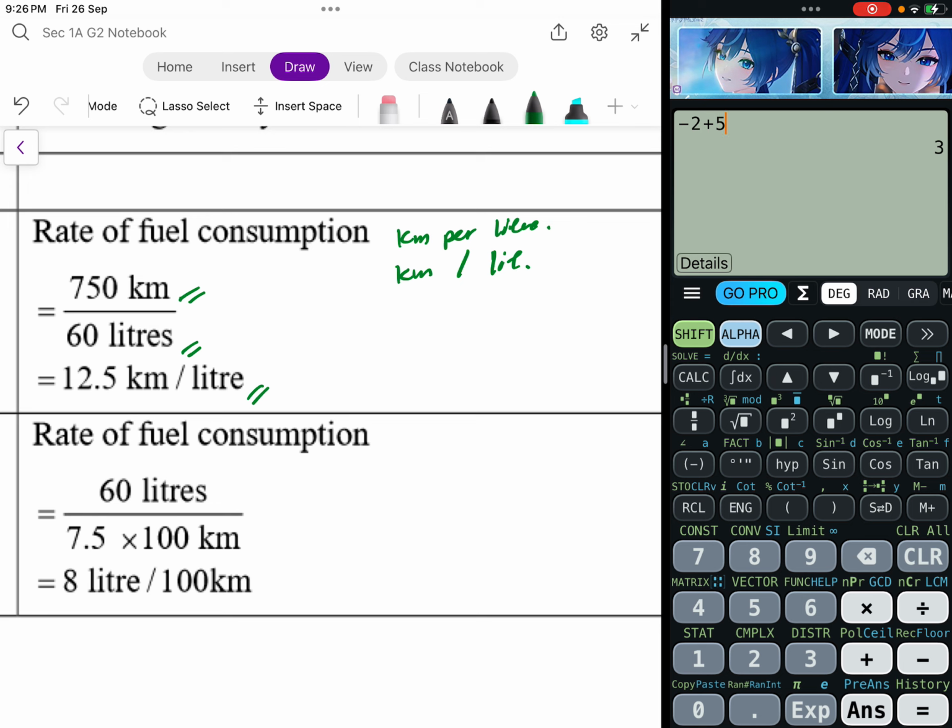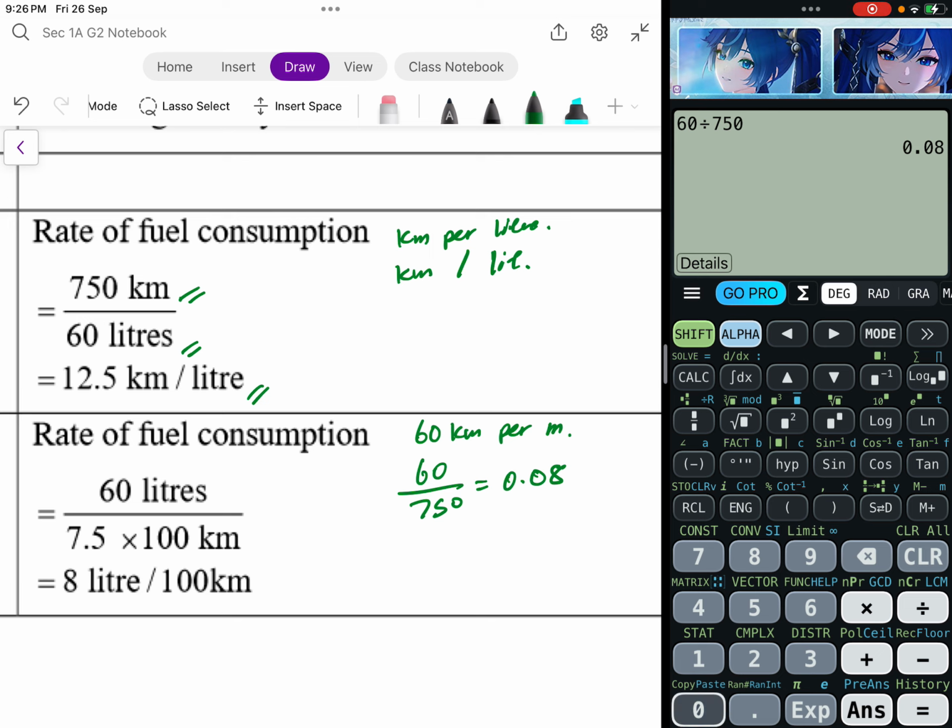Then they say liter per 100 kilometer. So this one is 60 kilometer per meter first, per meter. So you will have 60 divided by 750. You get 0.08.